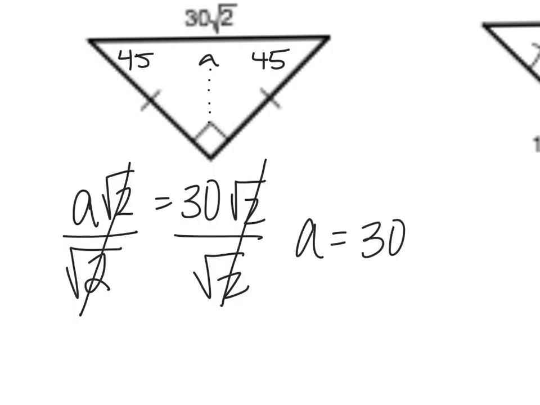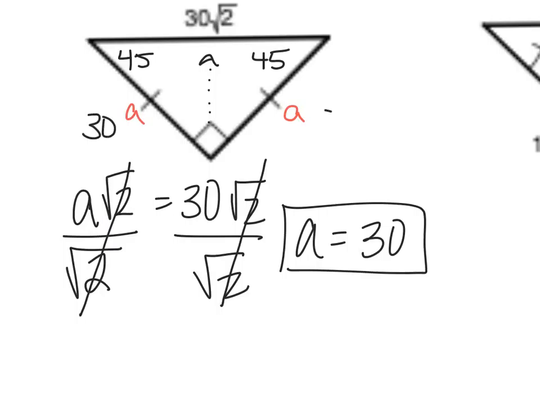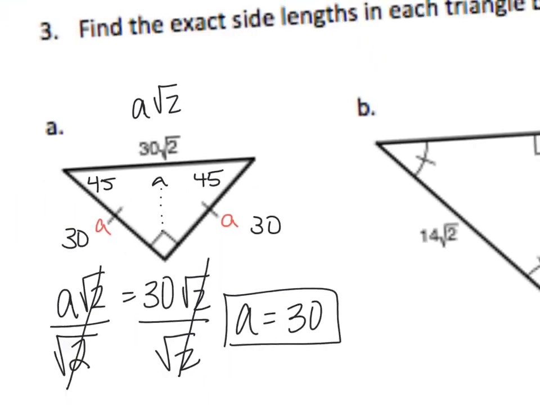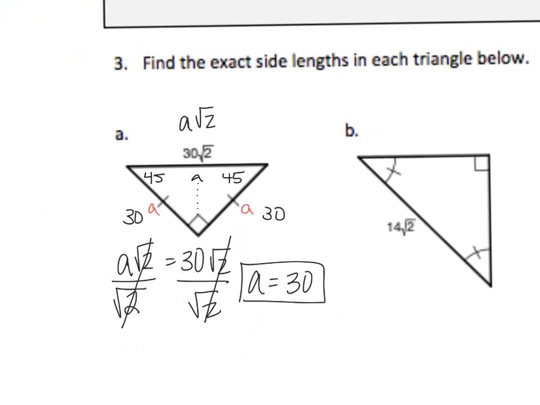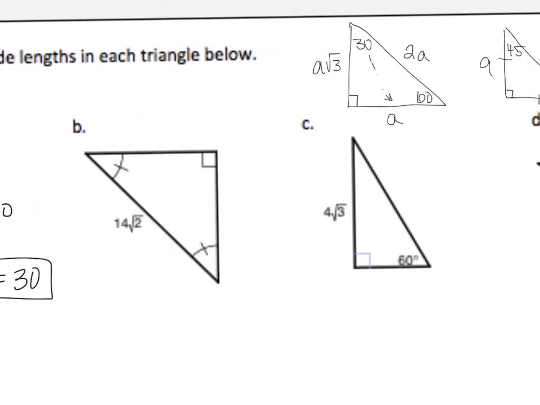So again, in the 45-45-90 triangle, the A sides are the legs. So I just found the legs because I found that A equals 30. So each side equals 30. Let's take a look at B. Again, I see 2 equal angles, so that means I have a 45-45-90.